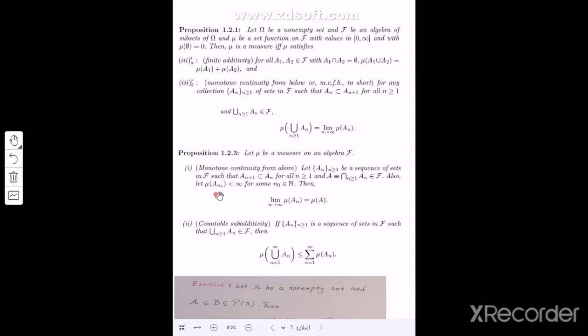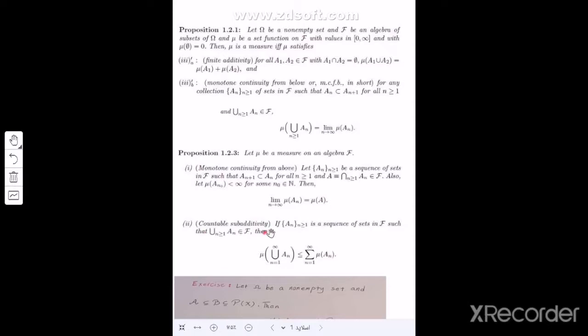What is this condition? Mu of An0 is less than infinity for some n0 in F. So in this property, monotone continuity from above, we have a decreasing chain with this property. Then we must have this relation.